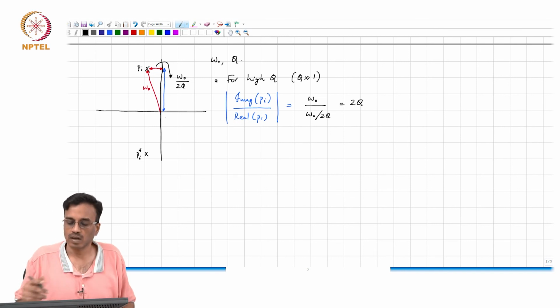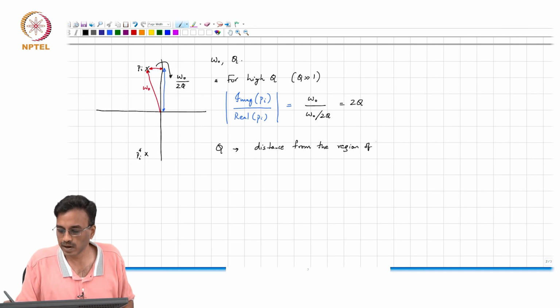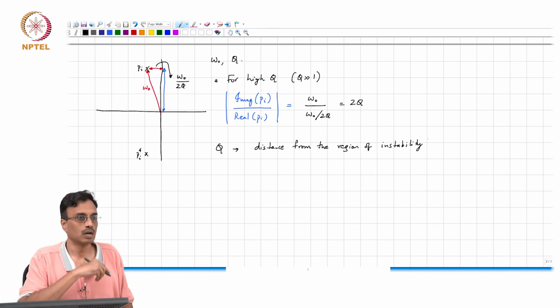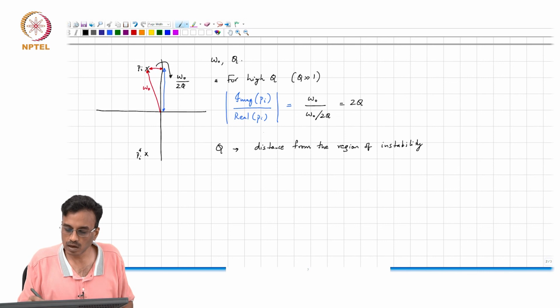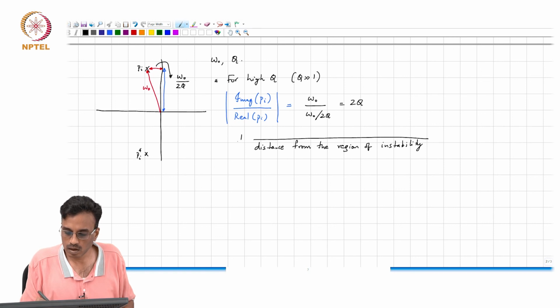So, you interpret the quality factor q as the distance from the region of instability divided by the pole.